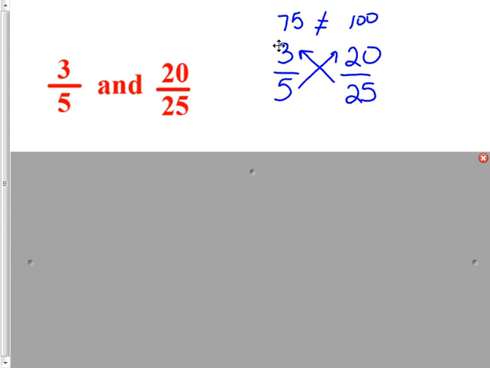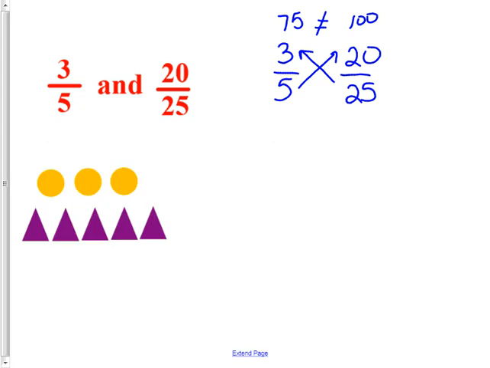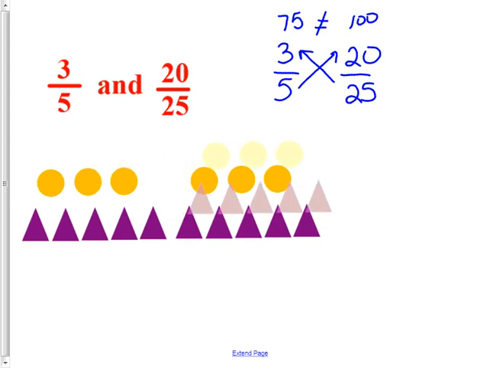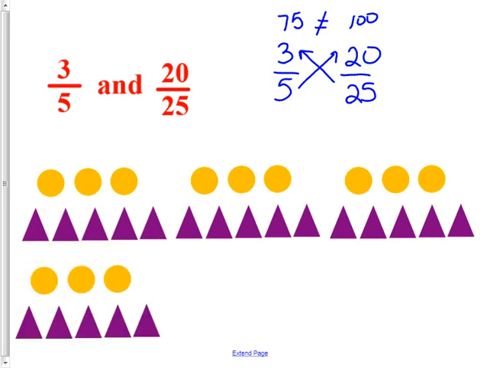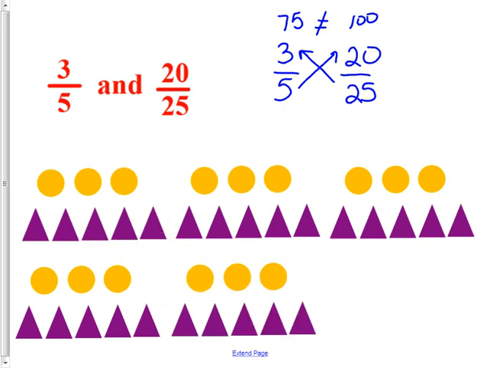I could also look at this visually. If I have a ratio of 3 to 5, that's 3 yellow circles to 5 purple triangles, and I use groups of 3 to 5, repeating it to see if I can make a bigger group of 20 to 25, I now have ratios of 6 to 10, 9 to 15, 12 to 20, and 15 to 25.